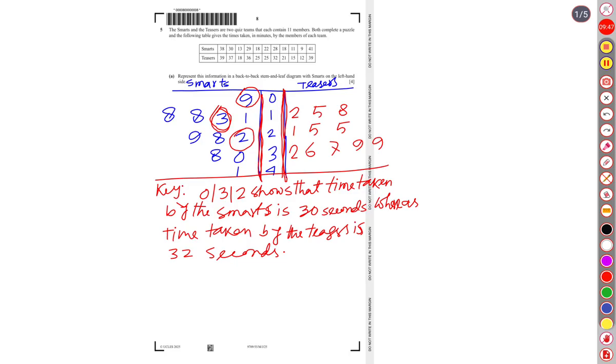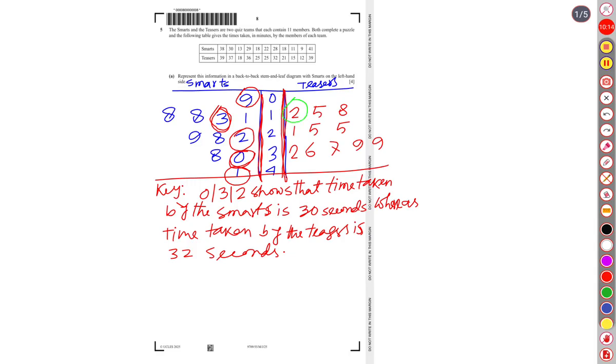So 1, 2, 3. Upper quartile is 30 and maximum is 41. So all 5 pieces of information have been obtained from here. So 9, 13, 22, 30, and 41 minutes for smarts.